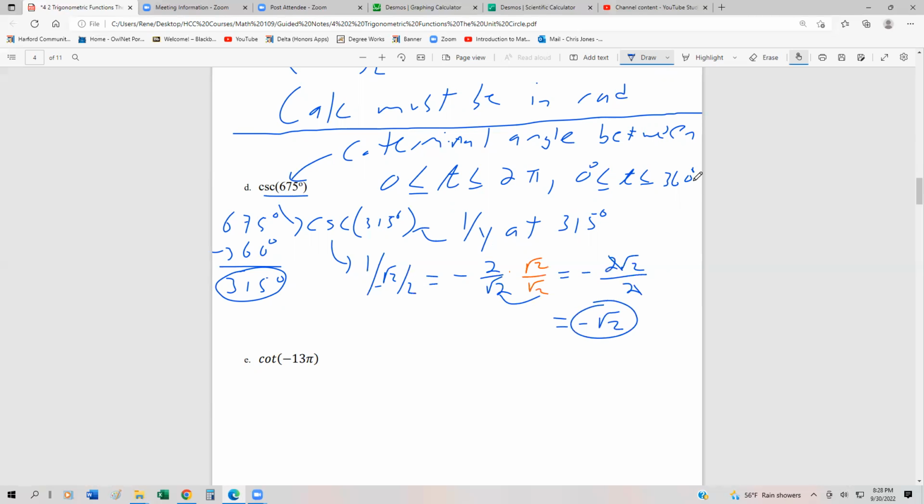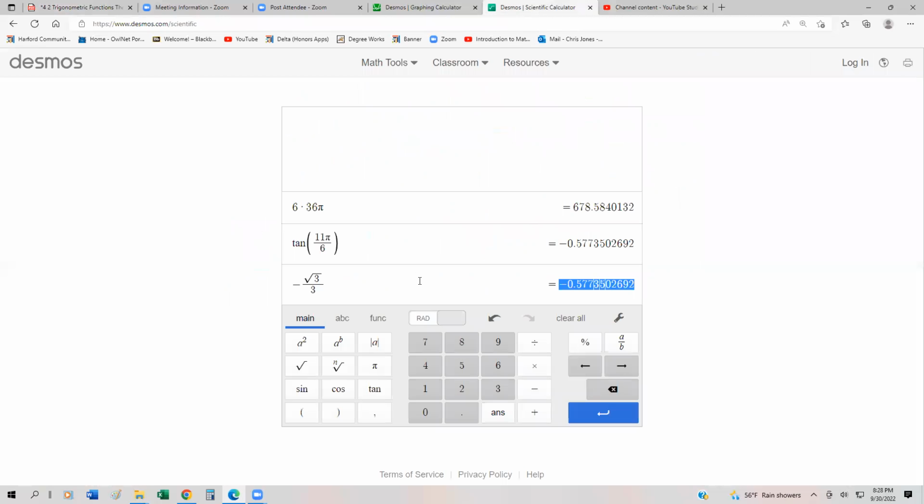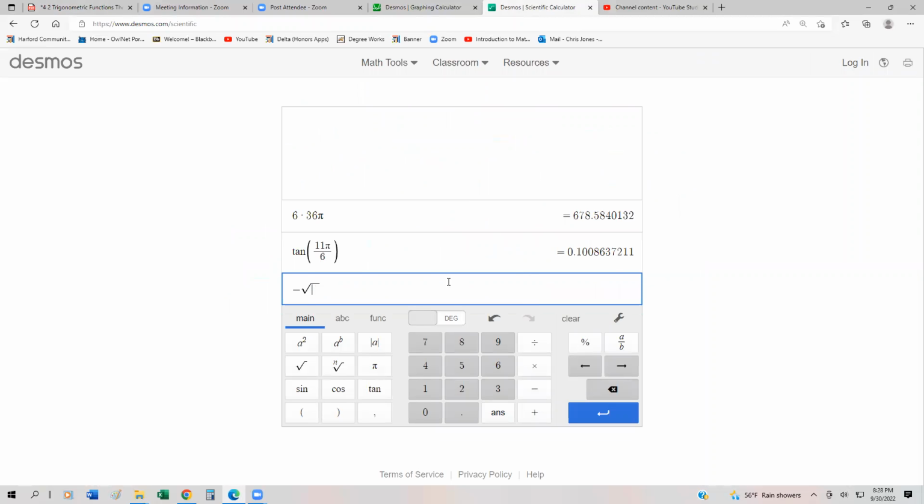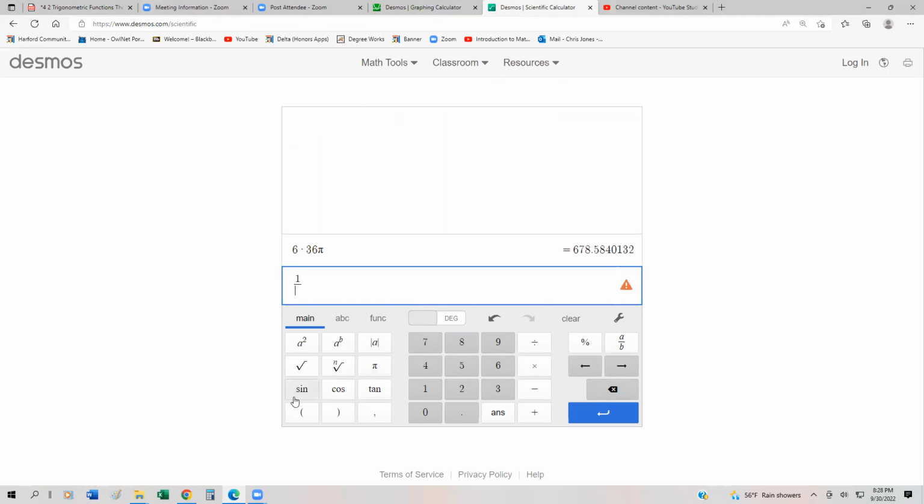Of course, we should check this. So in our calculators, what we're going to do is go to degree mode, right? And we're going to have the secant, okay, which we don't have a secant function. But what we can do is say 1 over the sine of 675, okay? Because remember earlier we said that the sine and cosecant functions are reciprocals of one another, right?